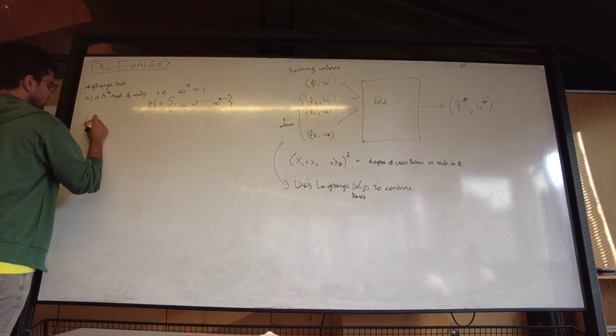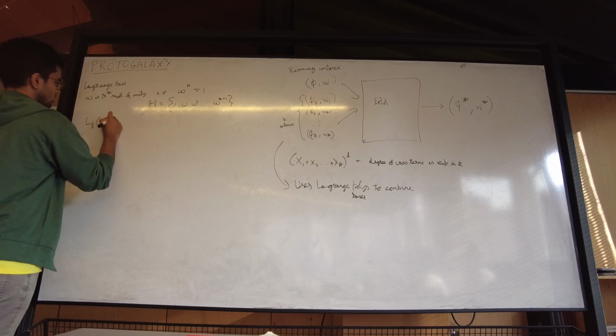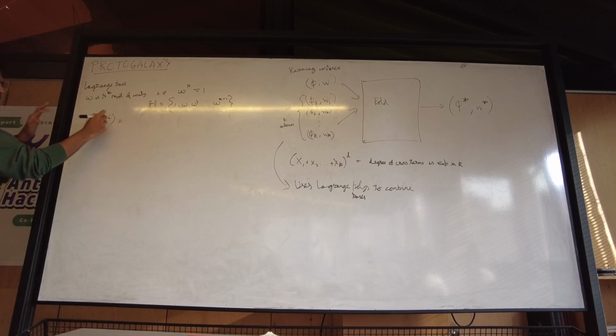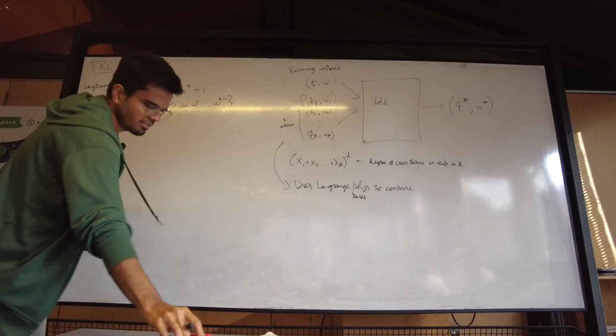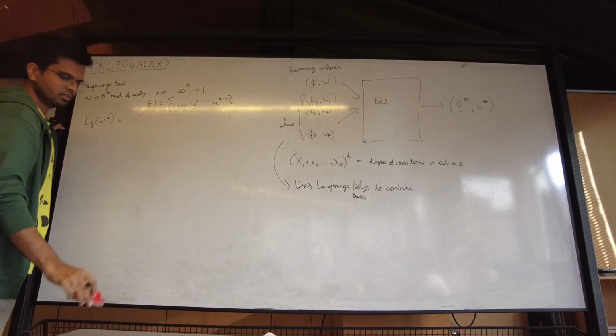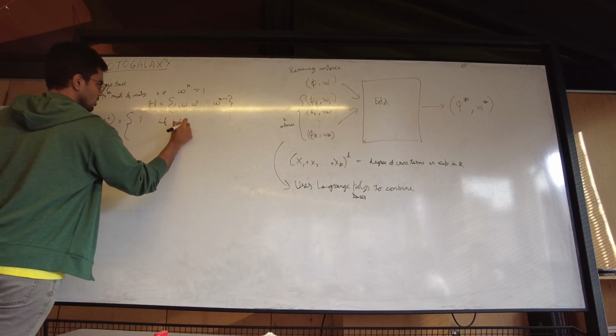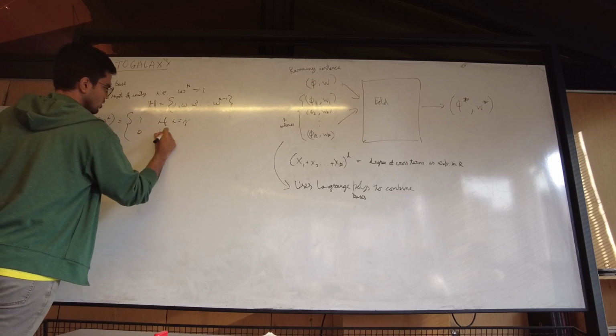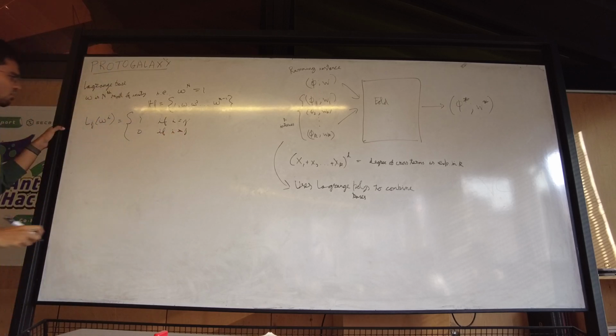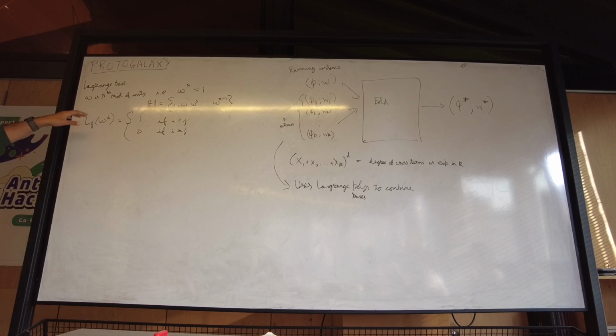Then the Lagrange basis is this kind of polynomial in x. The Lagrange basis is only equal to 1 if you're looking at a particular power of this root of unity. Otherwise, for all the other values, the Lagrange basis would be 0.